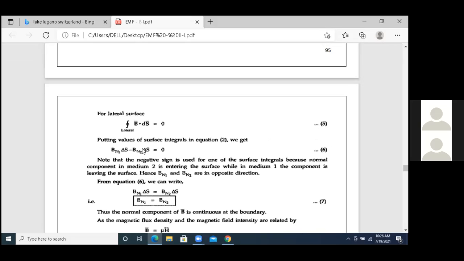Question is of the sign. Note that the negative sign is used for one of the surface integrals because the normal component in medium 2 is entering the surface while the medium 1 component is leaving the surface.